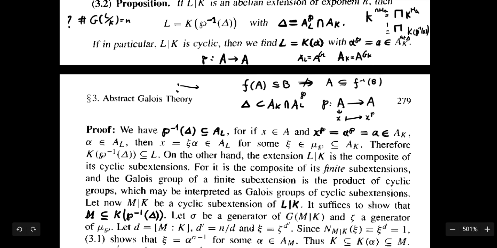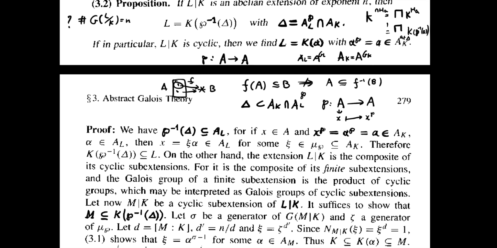You can have two points mapped to one single point. This is A, I call this point B. Then F is this map. The image FA is inside B, but it doesn't mean the inverse of B is inside A. So you have to show it.